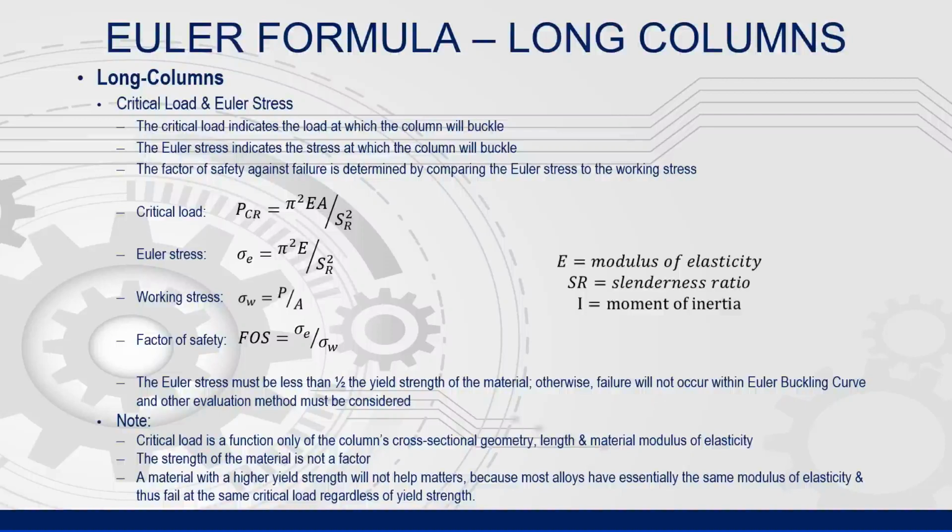The critical load is a theoretical limit beyond which the column will buckle. Likewise, the Euler stress is the limit beyond which long columns will buckle. The factor of safety is found by comparing the Euler stress to the working stress. Another caveat is that the Euler stress must be less than 1/2 of the material's yield strength.